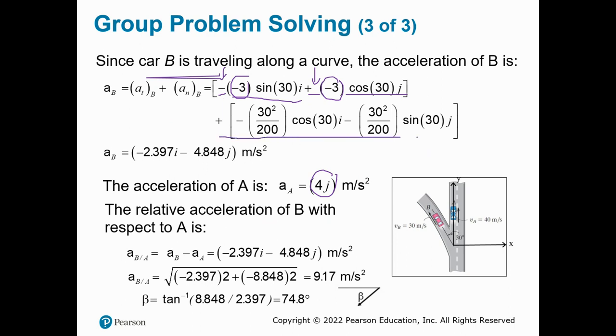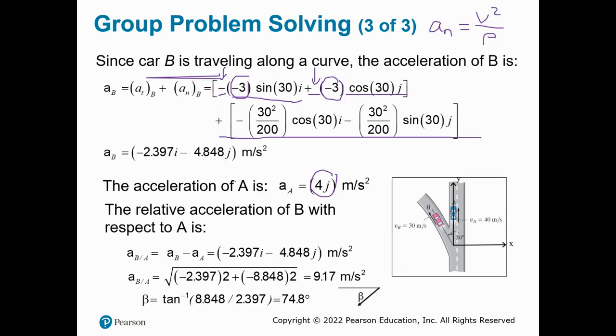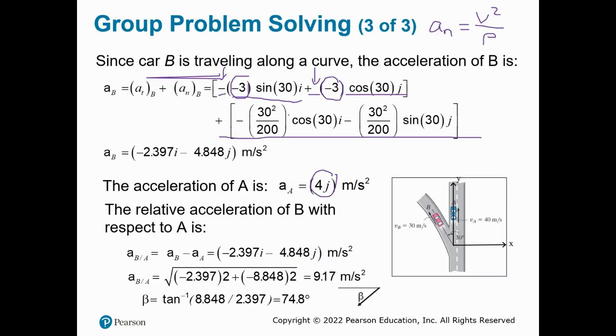And then also we have the normal component. Remember from our previous slide, the normal component of acceleration is the velocity squared divided by the radius of curvature, rho. We know that the radius of curvature is 200 meters, and we know the magnitude of the velocity is 30. VB is 30. So 30 squared over 200, V squared over the radius of curvature, gives me the normal component of the acceleration. Again, be very careful with the sign.